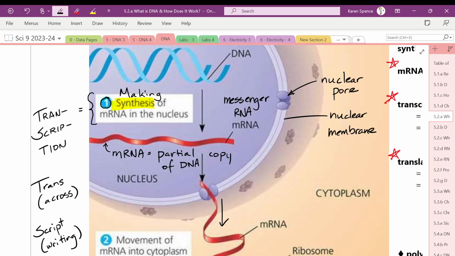They would literally sit there and copy it out by hand. And that process of making that copy is called transcribing, which is the same as transcription. So the monk would sit there and transcribe, or do the process of transcription, by taking one thing and making a physical copy of it. So the process of making an RNA copy of the DNA is called transcription. Just like those monks sitting there and making a copy.